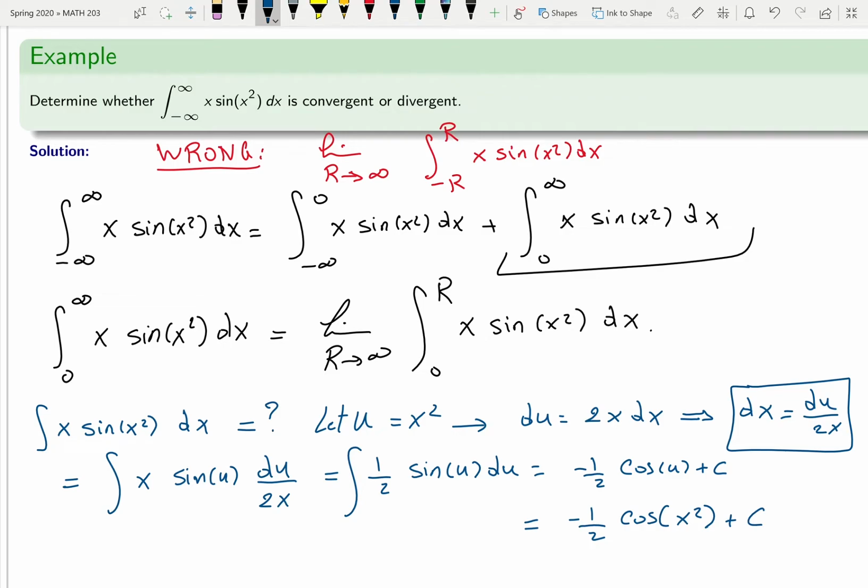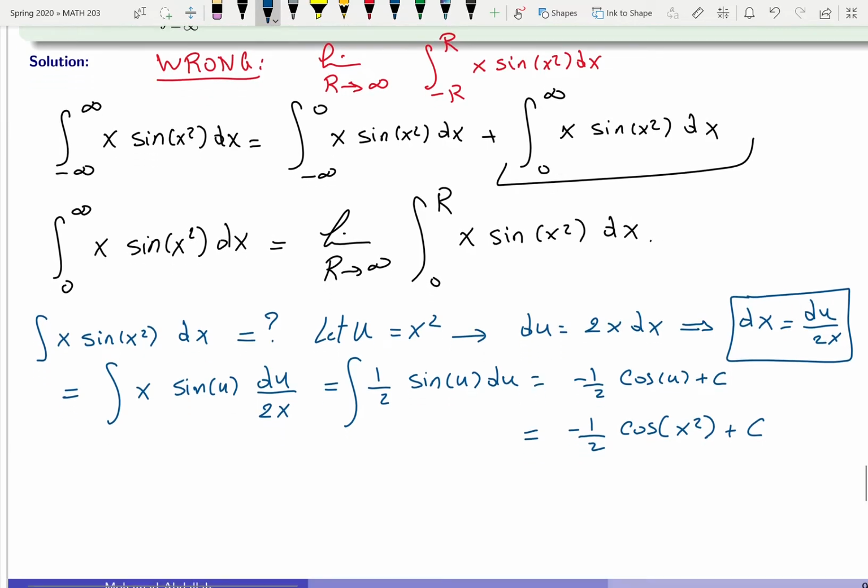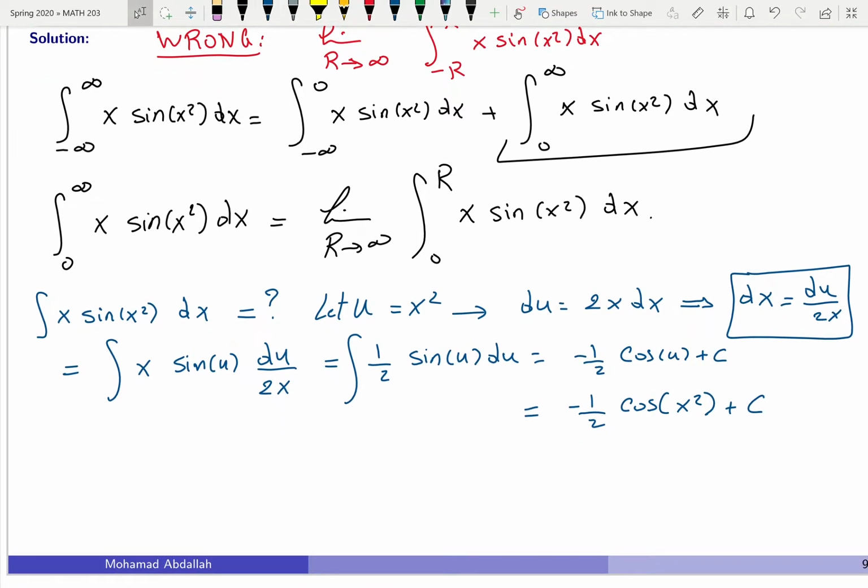Okay. Now I want to find the limit. I want to plug this in. We can drop the c, we mentioned this before, because applying the fundamental theorem of calculus part 2, the c will cancel out. So basically, what we have is the integral from 0 to infinity of x sine x squared dx.